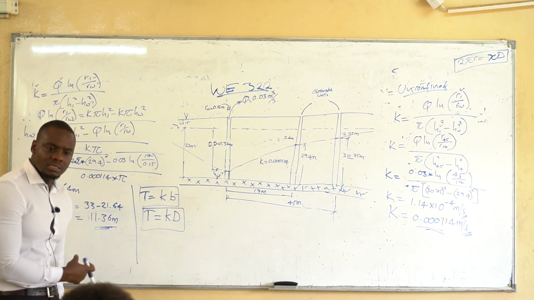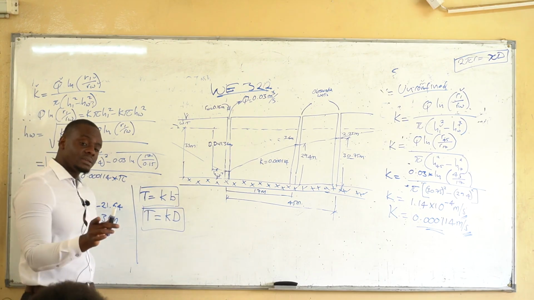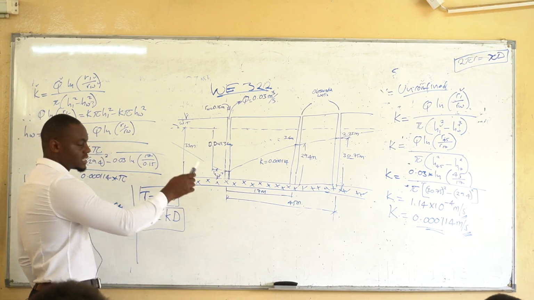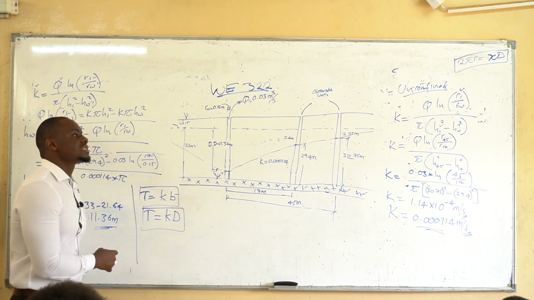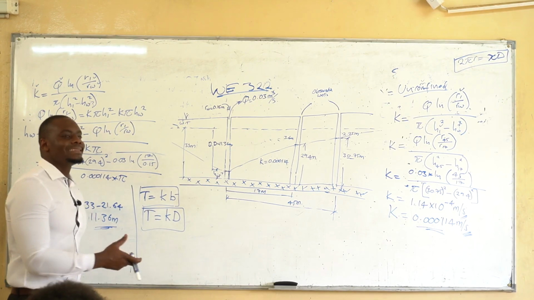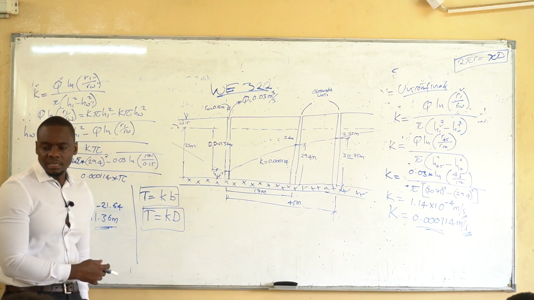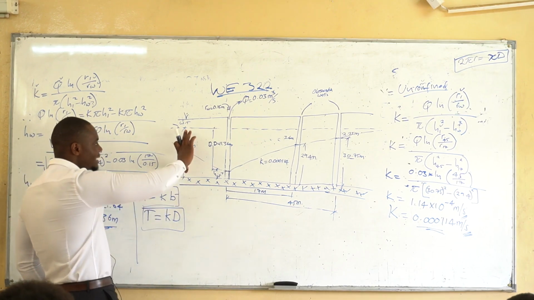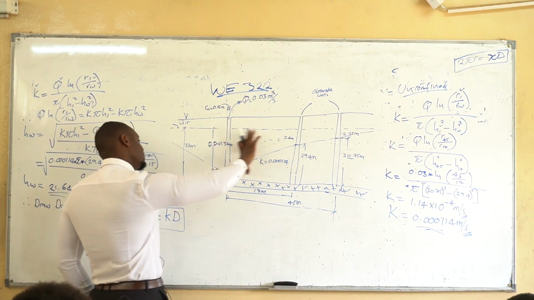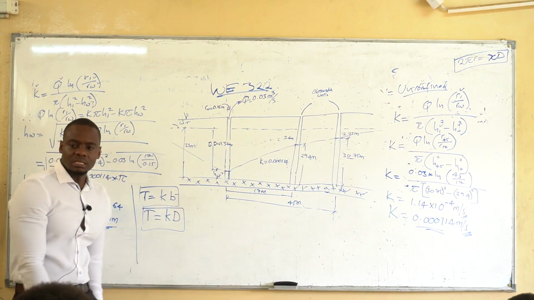Okay, I repeat. The T, transmissivity, right? K is just the hydraulic conductivity. The B is just the depth of your aquifer you're considering. And in this case, this is the aquifer of interest to us, which is 33 meters.